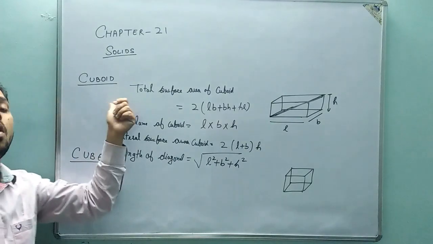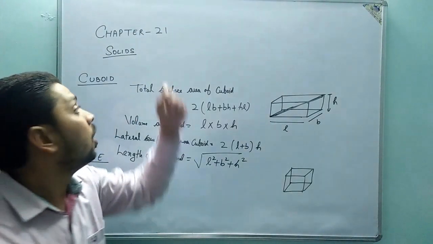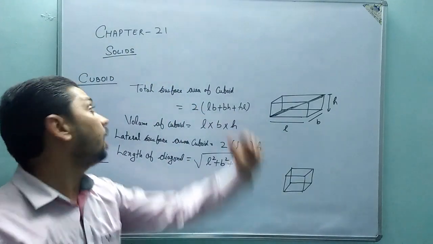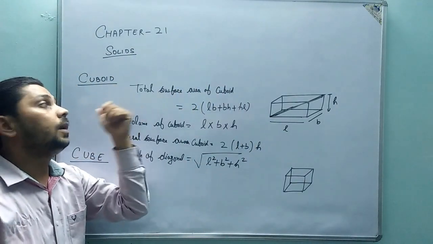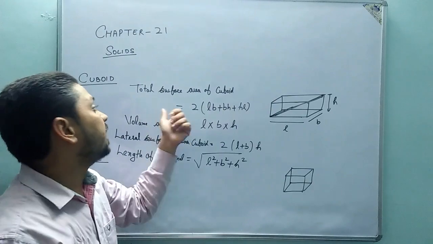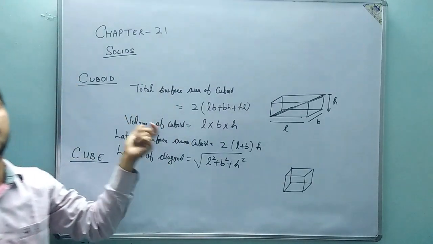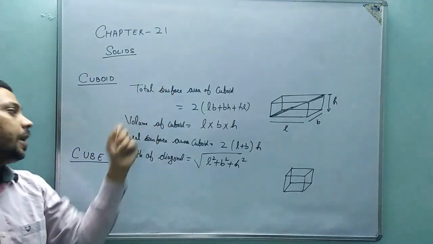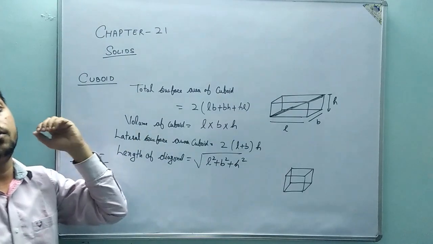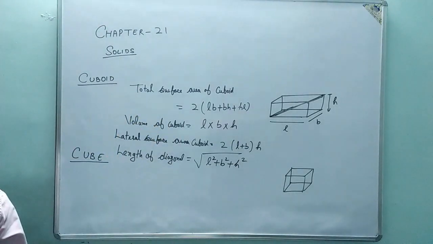These are all the formulas that we are going to apply to find the different areas, like total surface area and lateral surface area, and to find the volume of the cuboid.